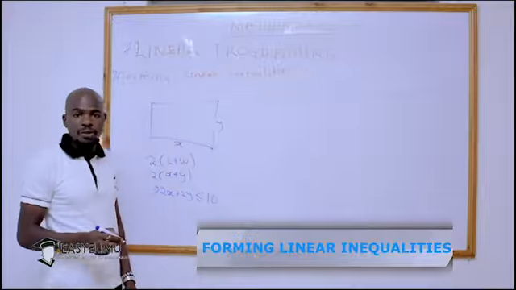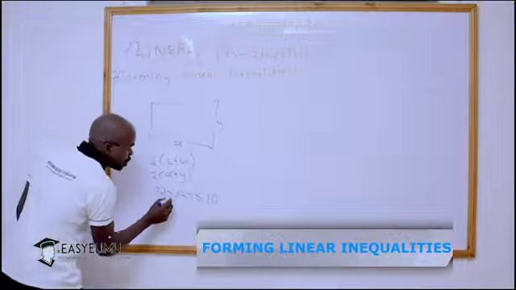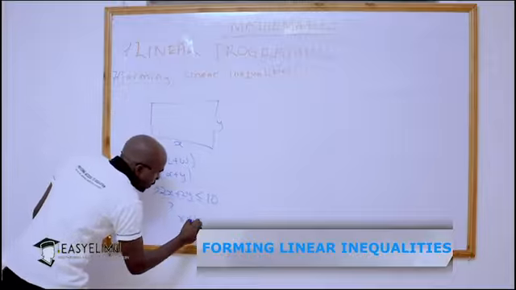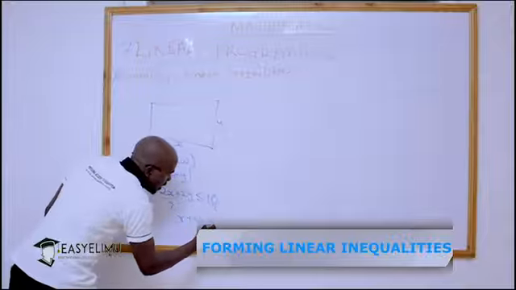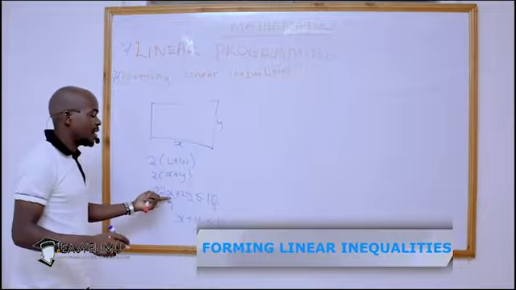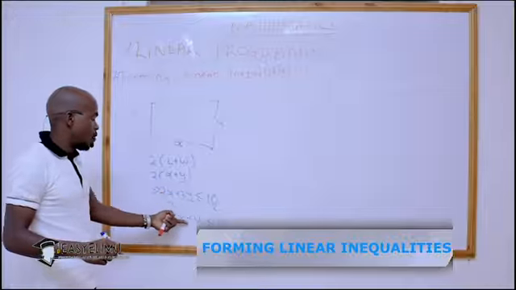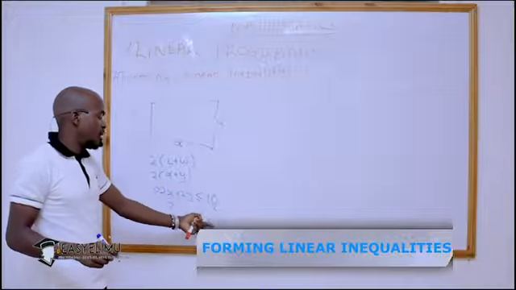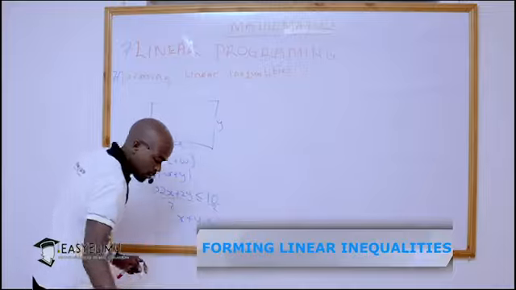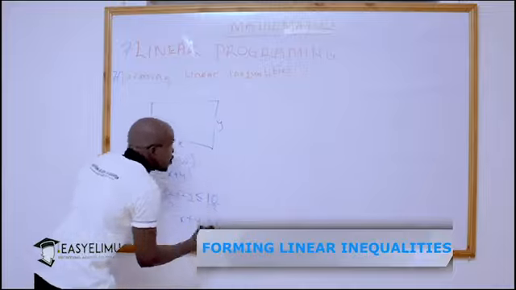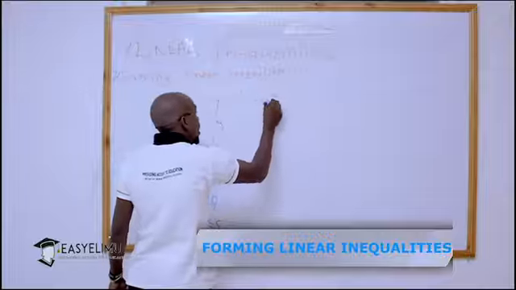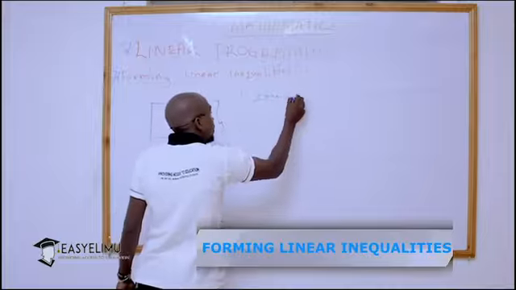That is what we are being informed. If you factor out 2, it divides both of them into 1, and then 10 divided by 2, you are getting 5, not 10. It should give you 5. So we shall find that x plus y is less than or equal to 5.